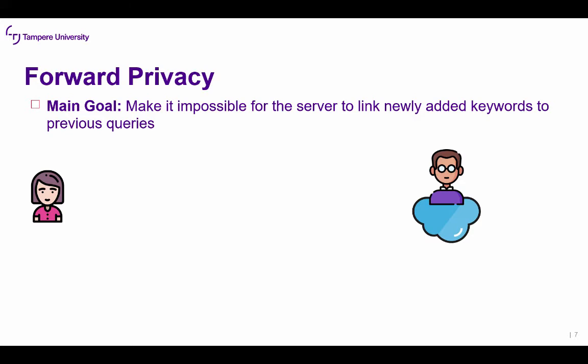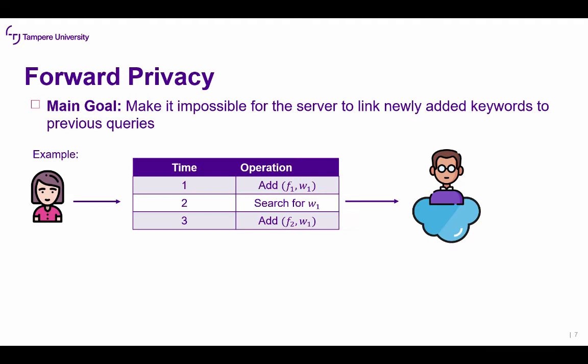Another contribution that we make on this work is that we enhance our scheme with the crucial notion of forward privacy. In a nutshell, forward privacy is a property that makes it impossible for the server to link newly added keywords to previous queries. So if we look at an example again, we assume that at time 1, Alice adds file f1, which contains keyword w1, to the cloud.